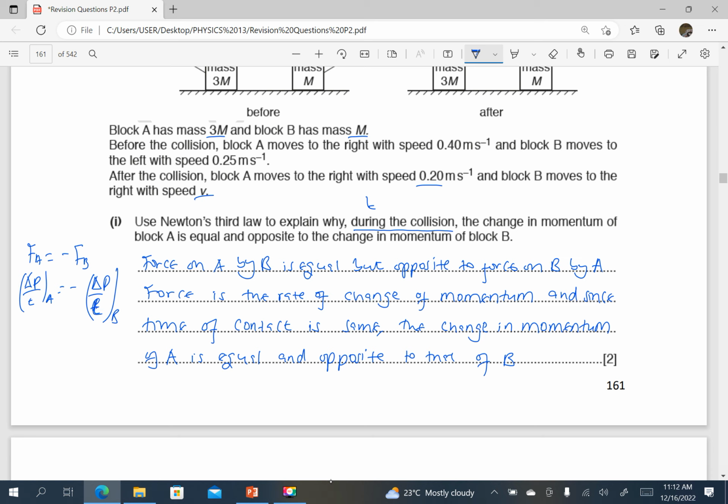And since the time is the same, T cancels out. It means change in momentum of A is equal to negative change in momentum of B. The negative shows that they are in opposite directions.